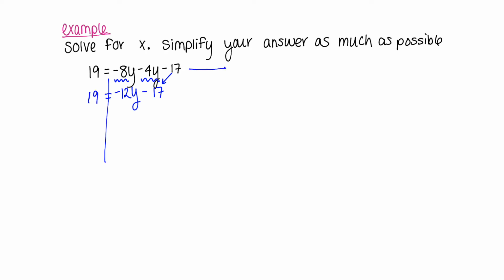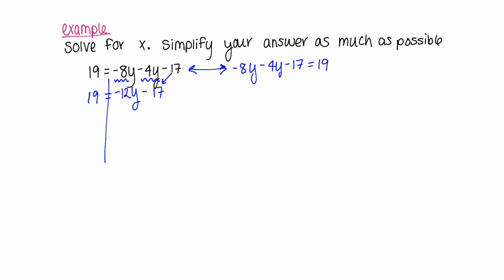If it bothers you to have your y's on the right-hand side instead of the left-hand side, you could have started this problem by rewriting it with the sides flippy-flopped. You'd get the same answer if you flippy-flopped them in the very beginning or at any point in time.